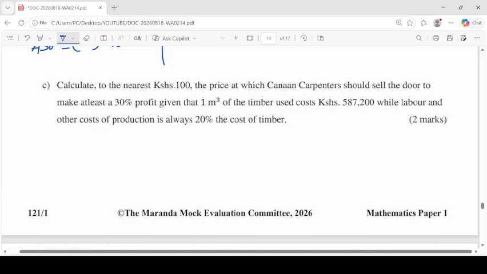Let me get the cost of the timber. The cost of the timber here will be 587,200 multiplied now by the actual volume.